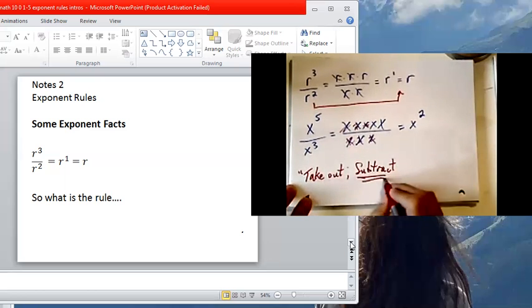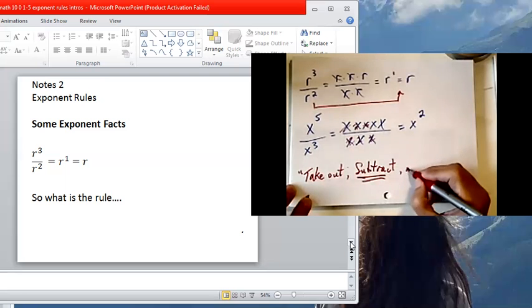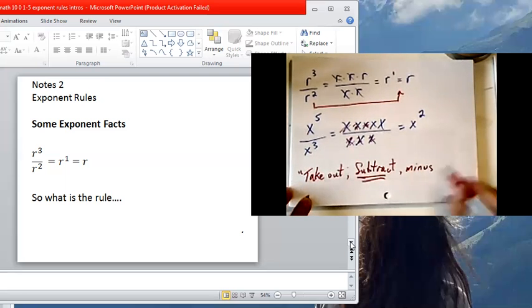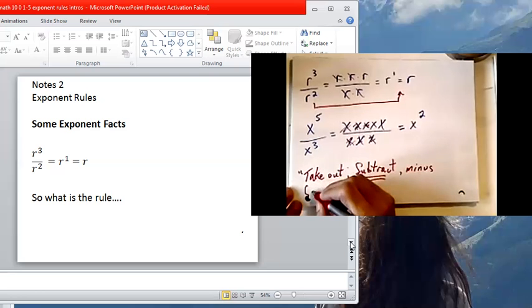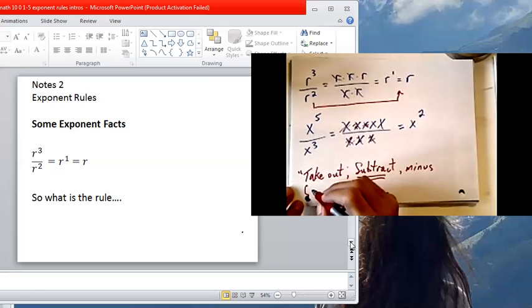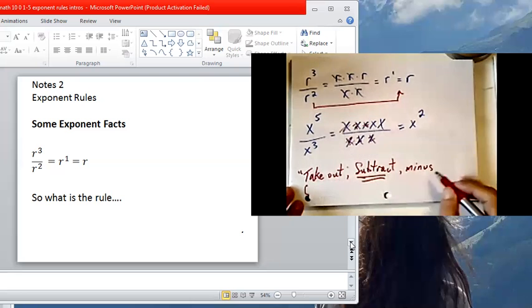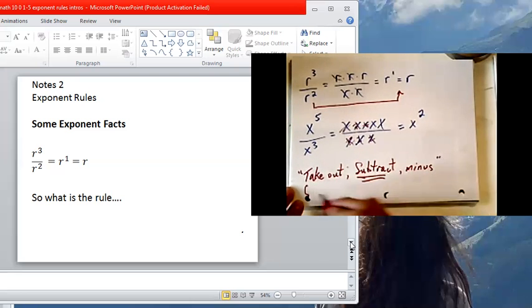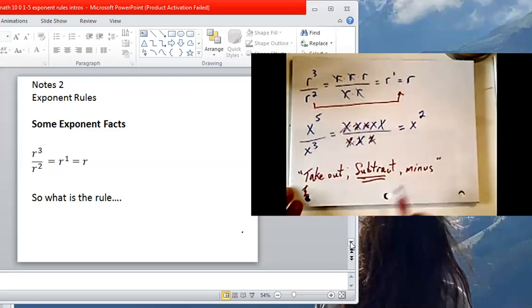That's the word you're looking for there. Sometimes minus as well. That also counts. Okay, so take out is when you order at the restaurant. I'd like to take out some pizza tonight. But for subtract, minus, that's what we're looking for.